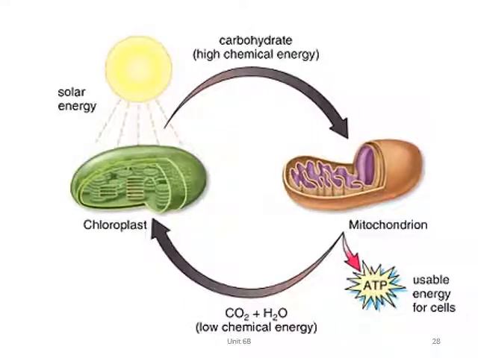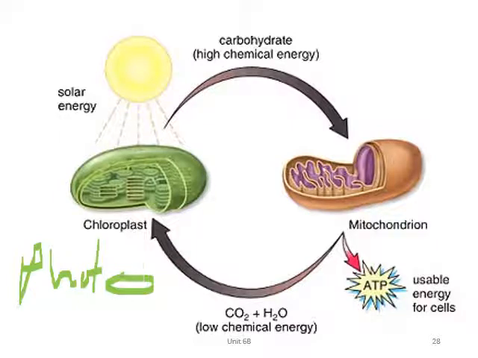So here is a basic illustration of the cycle of photosynthesis over here by the chloroplast and cellular respiration by the mitochondria. Chloroplasts use the sun's energy to produce carbohydrates that the mitochondria then use to give energy to our cells.